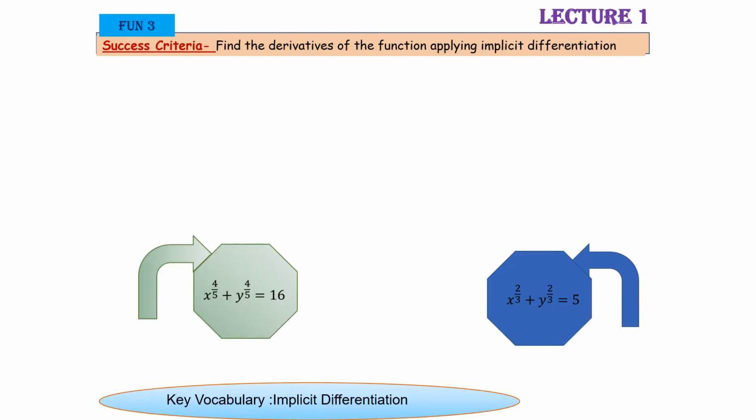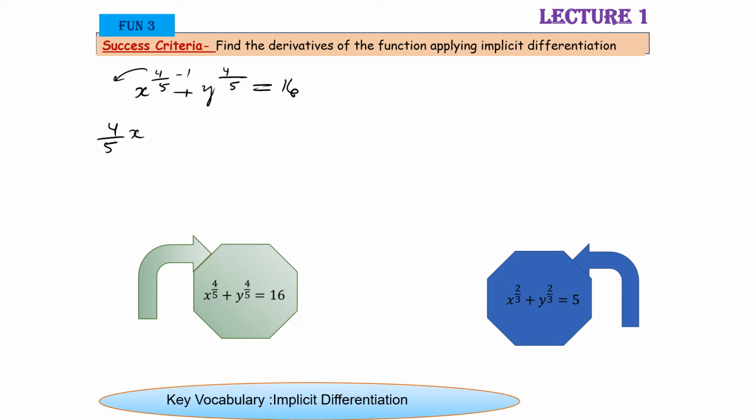So the next question is x to the power 4 over 5 plus y to the power 4 over 5 equals 16. Again the same rule: 4 over 5, write it in the front, then write the x with the power subtract 1.